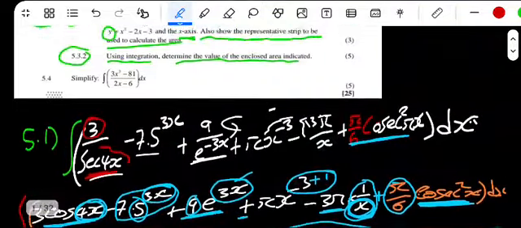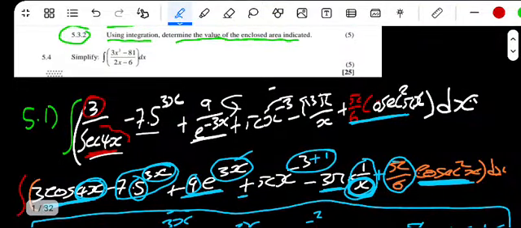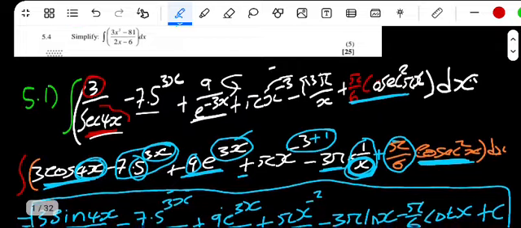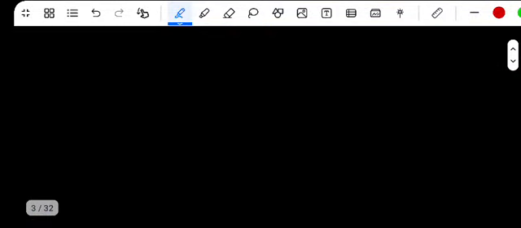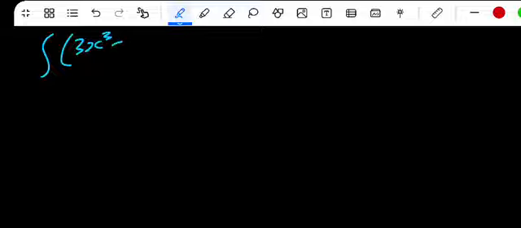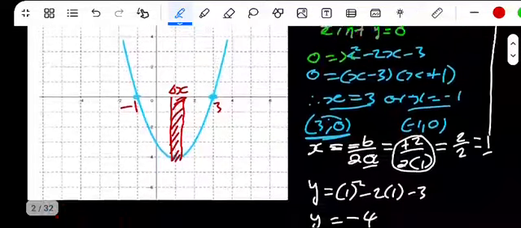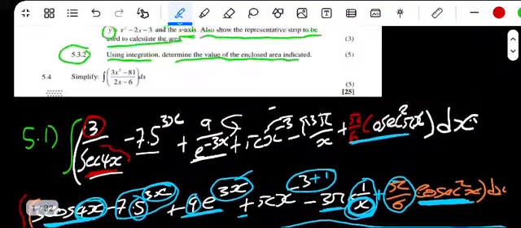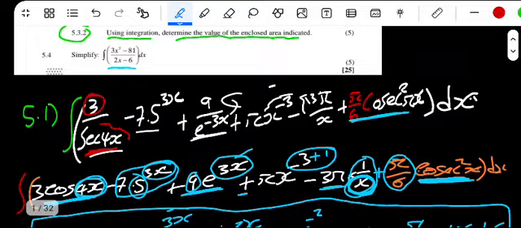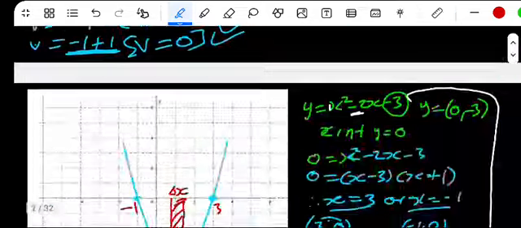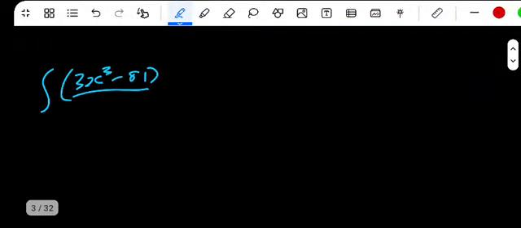All right, so we have this last part, the integral of x cubed minus 81 all over 2x minus 6.